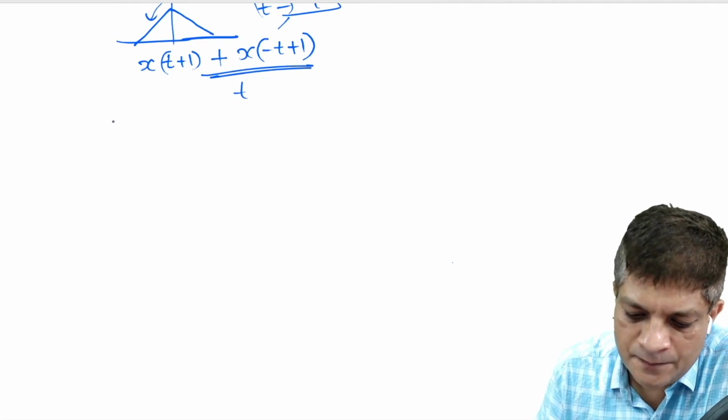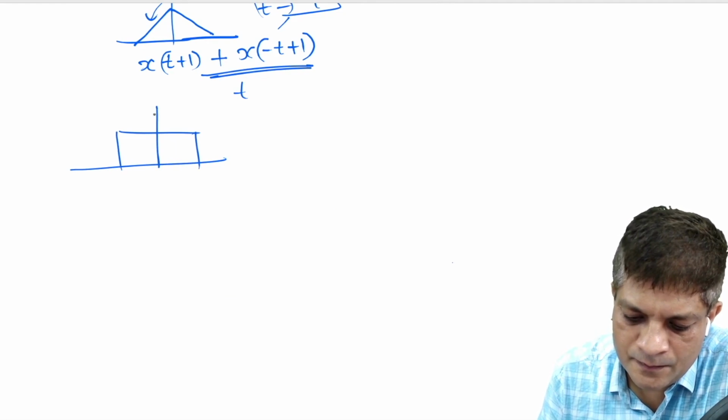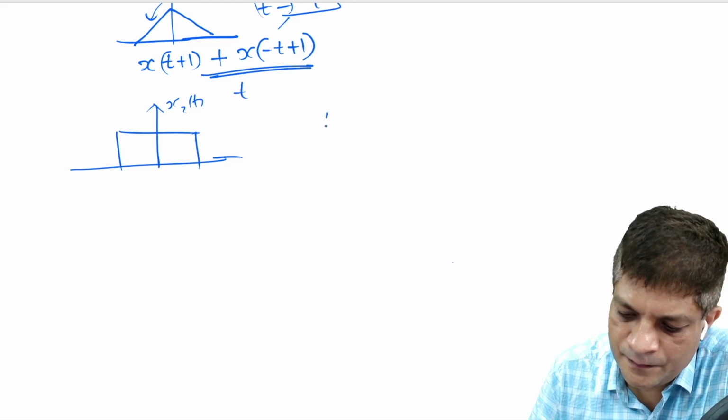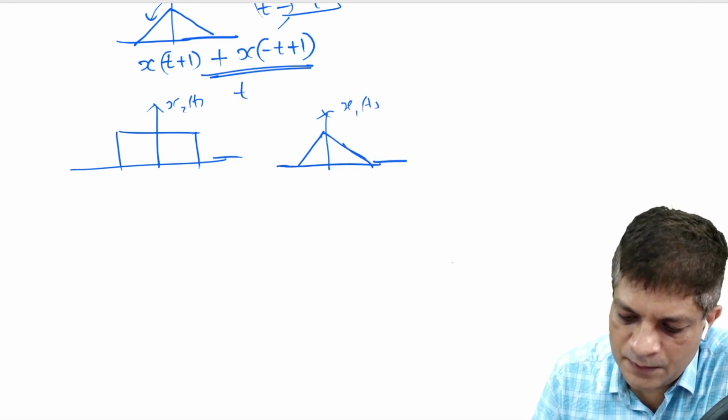What about x2(t)? This is x2(t) and this is x1(t). Is it related to x1(t)?